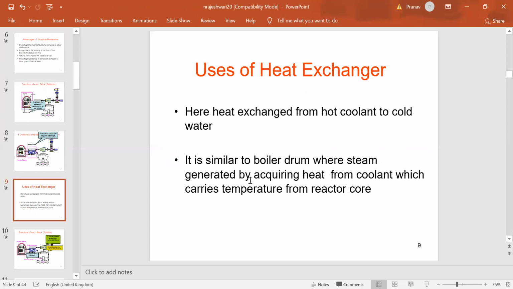So the heat exchanger is also similar to a boiler, and it generates steam from water using the coolant, which carries temperature from the reactor core to the turbine.